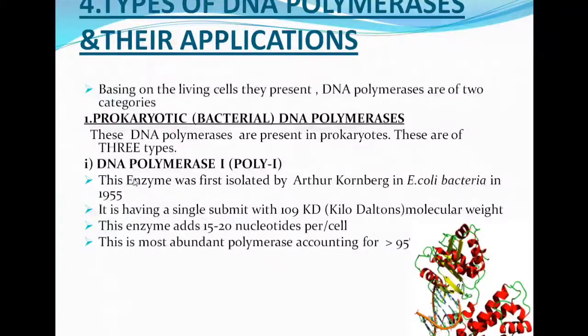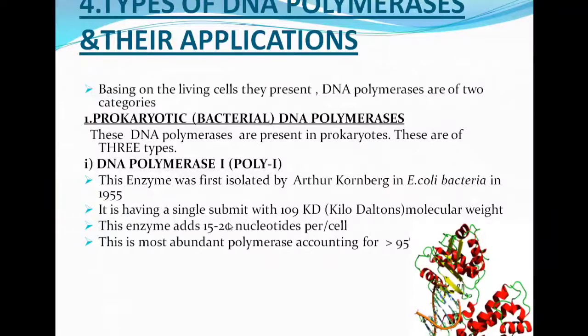As far as Pol 1 is concerned, this was first isolated by a scientist called Arthur Kornberg in Escherichia coli, the bacteria, in the year 1955. It was first isolated by Arthur Kornberg, and it is called Kornberg DNA polymerase.